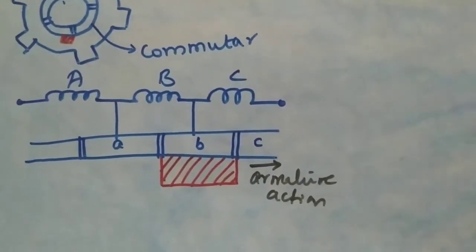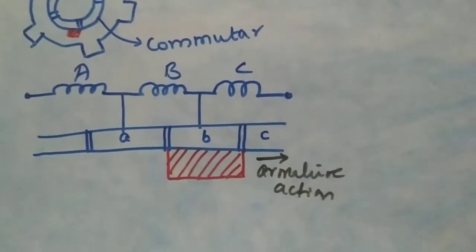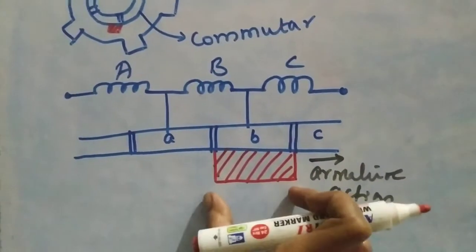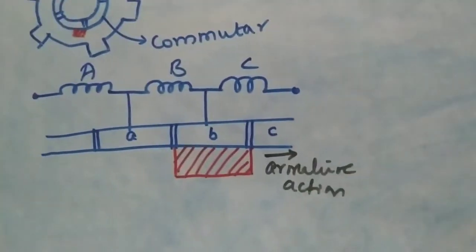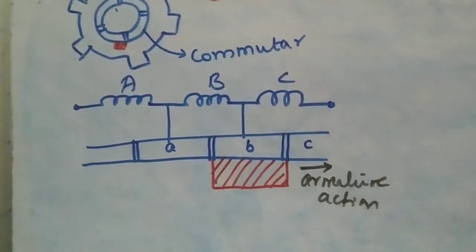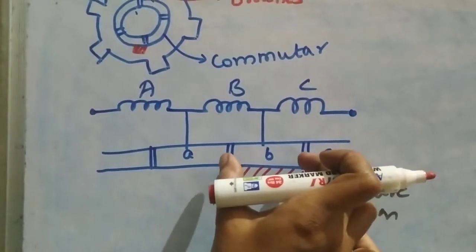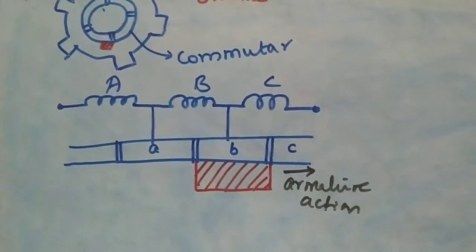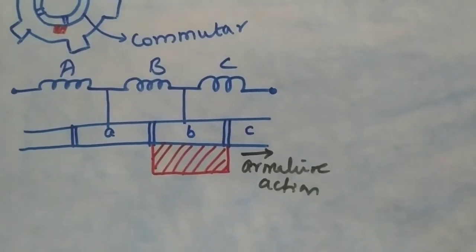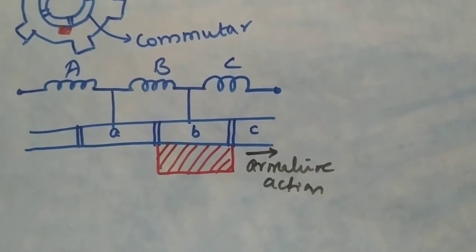And let me consider one more assumption I would like to state, that the width of this brush should be equal to the width of one commutator segment. Do you agree with this? So this is the brush width. We are assuming it is the same as that of the commutator segment. It is just an assumption, to understand the concept in a better way. And also one mica insulation.